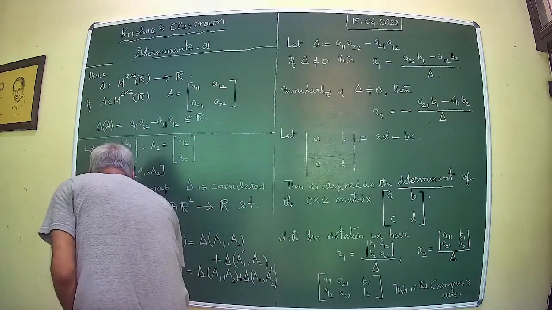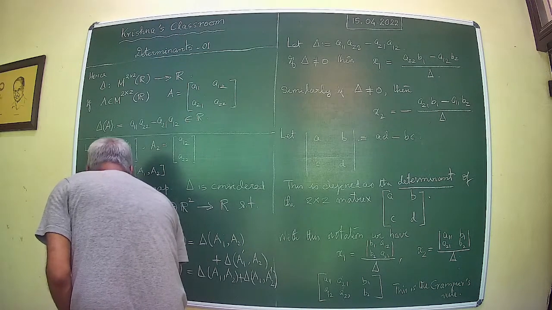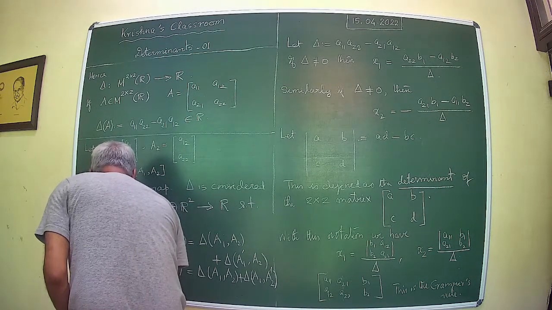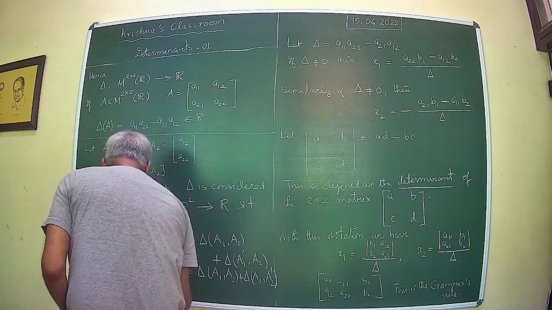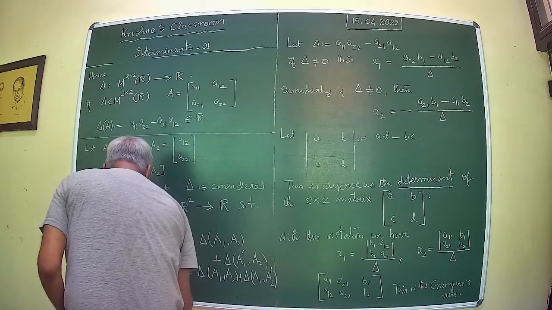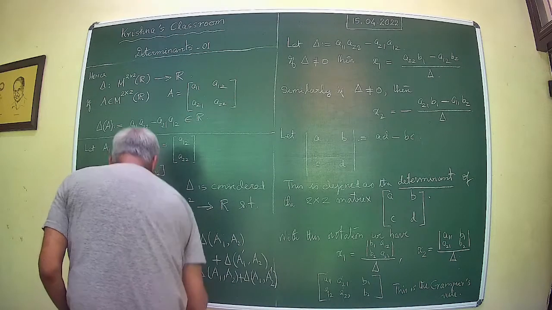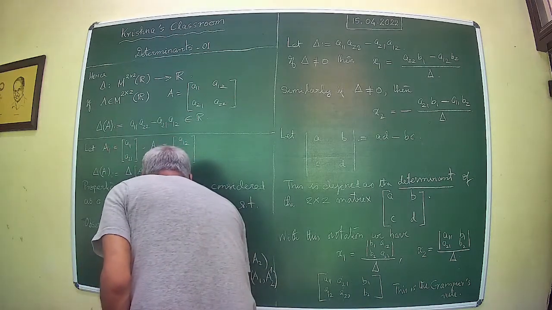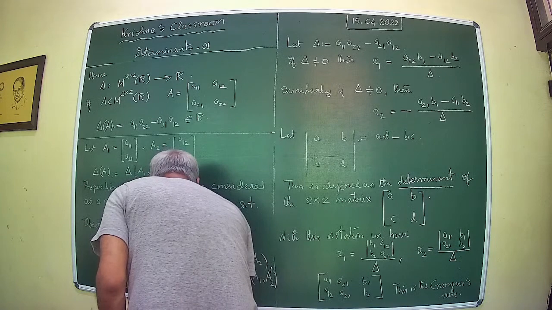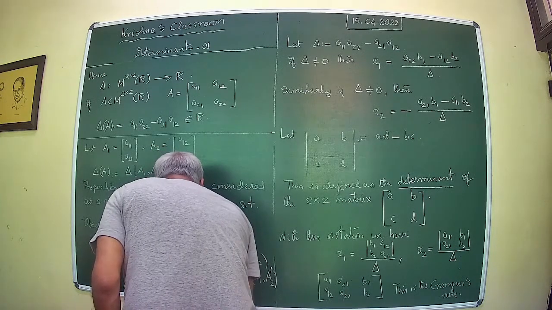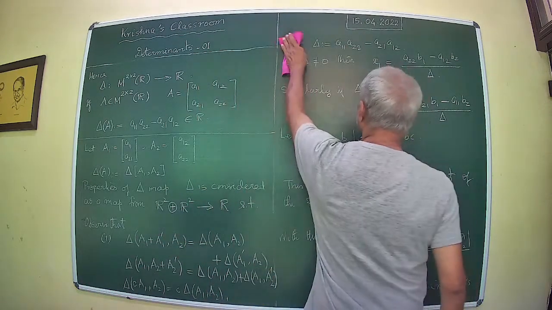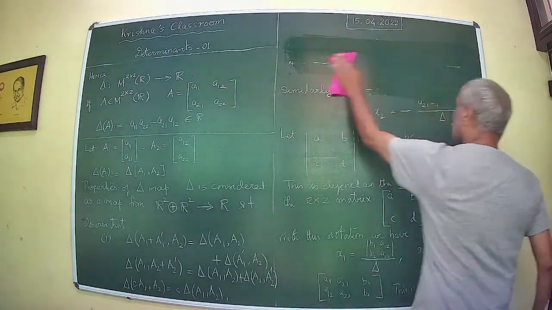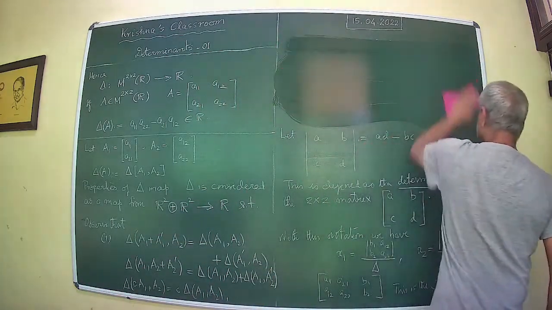Moreover, you have delta of CA1, A2 equal to C times delta of A1, A2. These are little things that you can verify very easily.